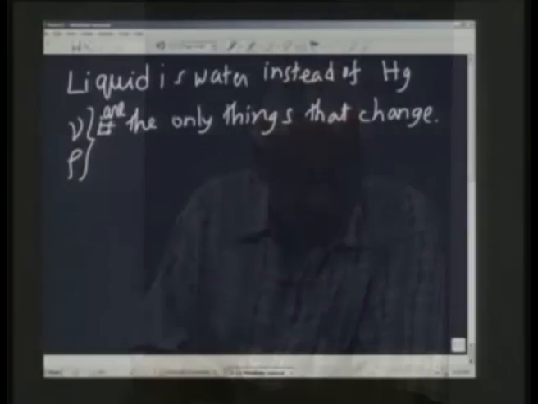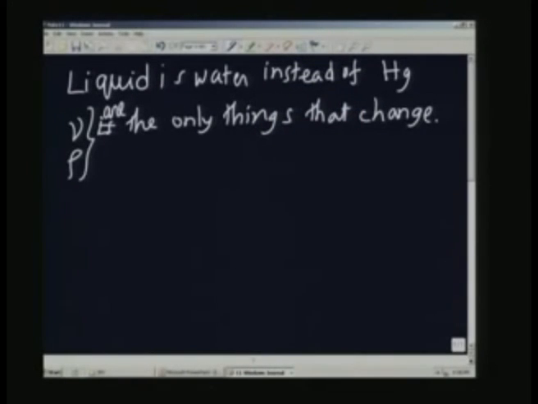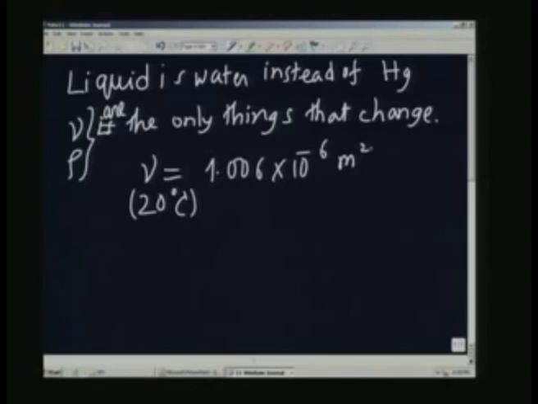So, all I have to do is to recalculate the values using nu for water at 20 degrees Celsius, which is 1.006 into 10 to the power of minus 6 meter squared per second. Of course, the density is also smaller, it is about 13 times smaller than the density of the other one.